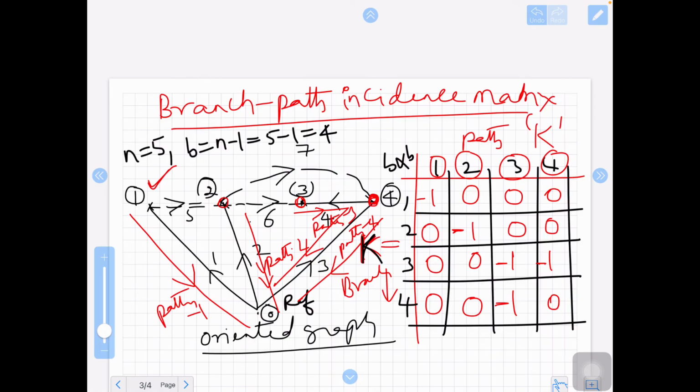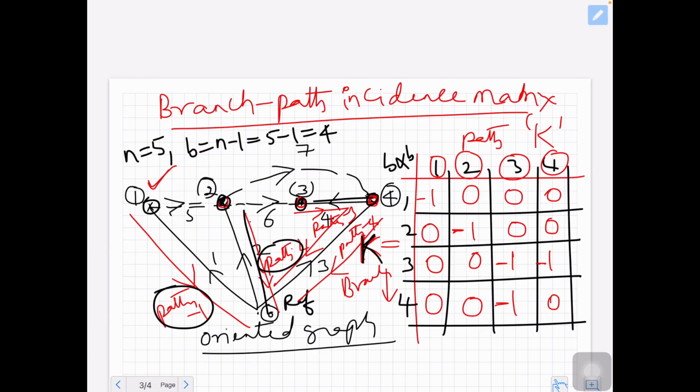Now we have to find the path from bus 1, bus 2, bus 3, bus 4 to the ground. Bus 1 to ground is path 1, similarly bus 2 to the ground is path 2, and bus 3 to the ground is this path. That means you have to consider only the branches when you are defining the path.